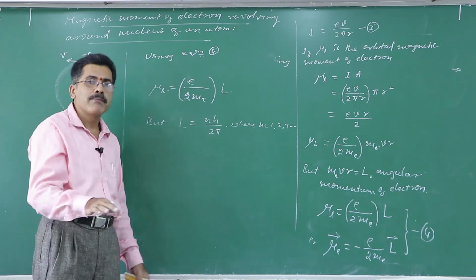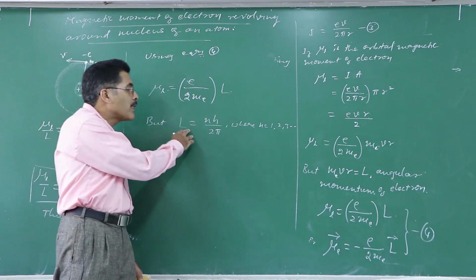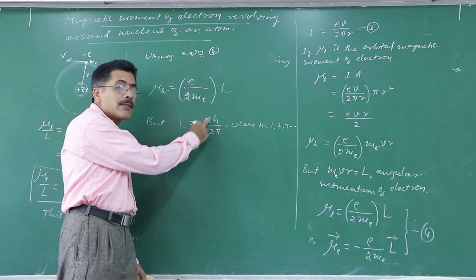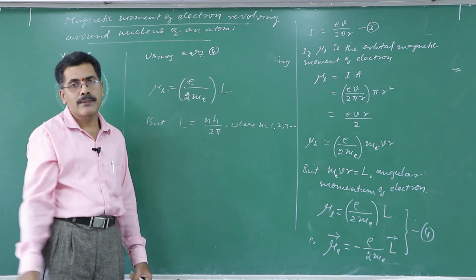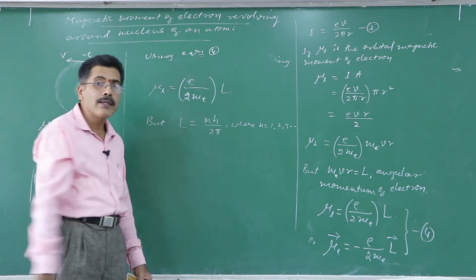Only those orbits are permitted for which orbital angular momentum is an integral multiple of h by 2 pi. These are called quantized orbits, and this condition is called the quantum condition.